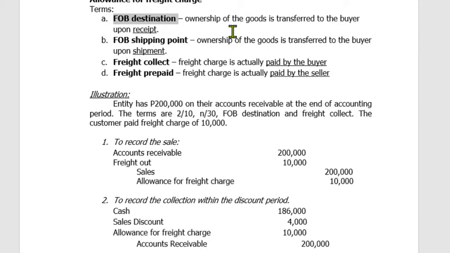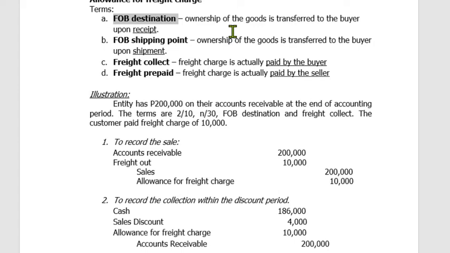However, there are cases na yung goods ay FOB destination but it is shipped na freight collect. FOB destination siya pero freight collect siya. Ibig sabihin, the buyer will pay the freight charge kapag na-receive niya yung goods. Tapos, yung kung ano man yung ibinayad niyang freight charge will be deducted sa price ng mga goods.